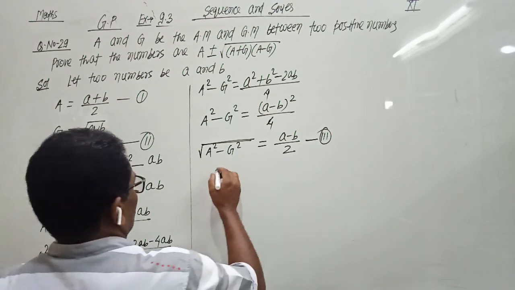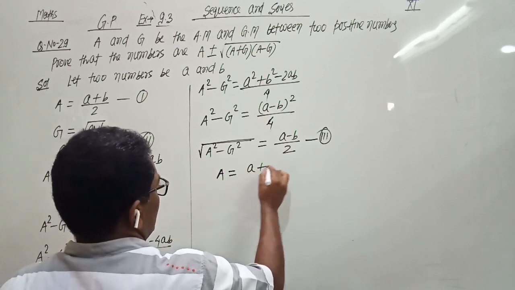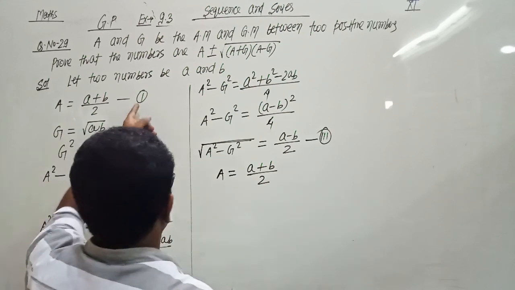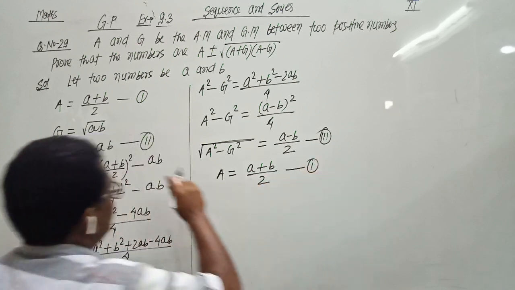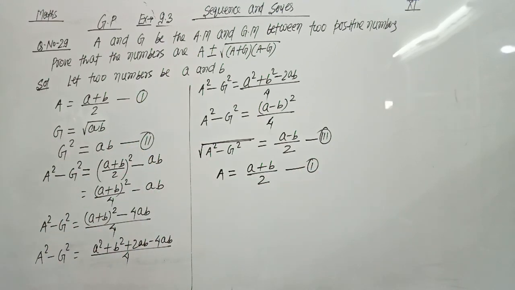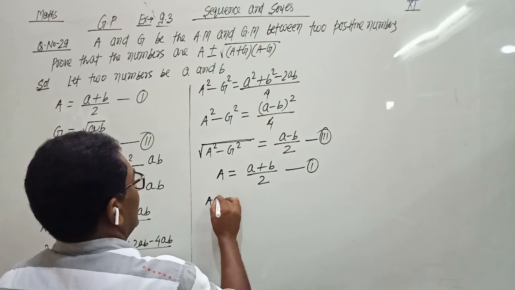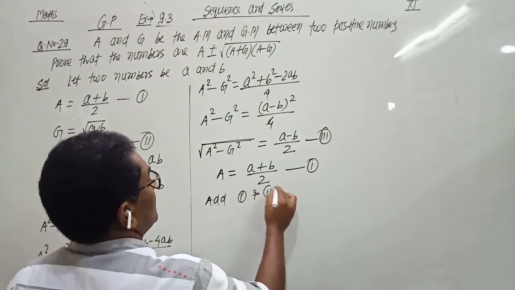Now arithmetic mean A was equal to a plus b by 2, from the first equation. Then we add first and third.